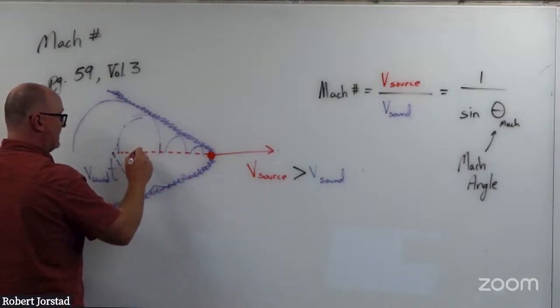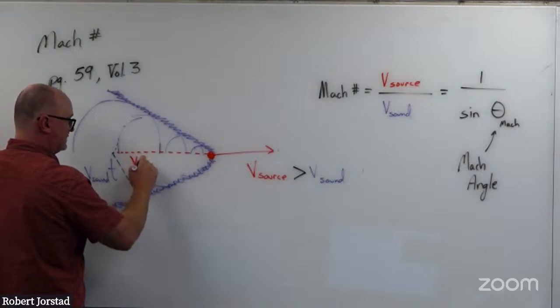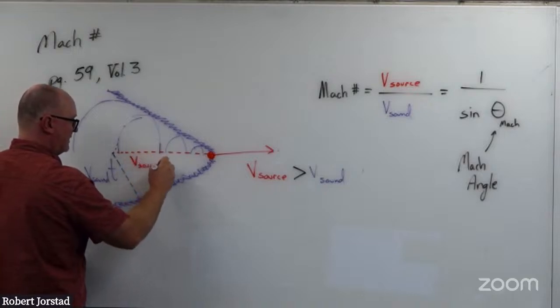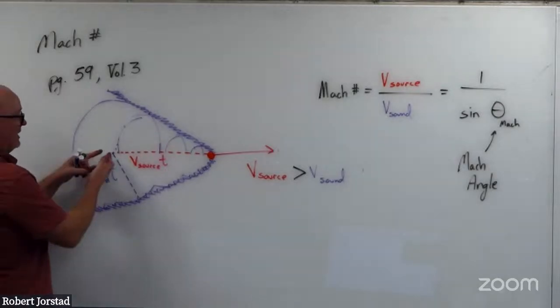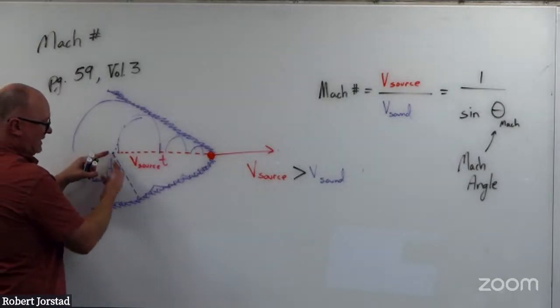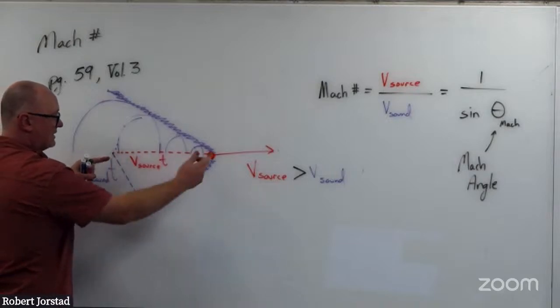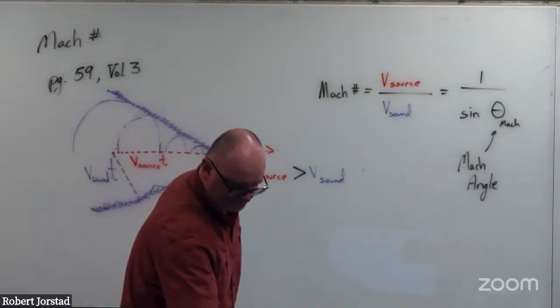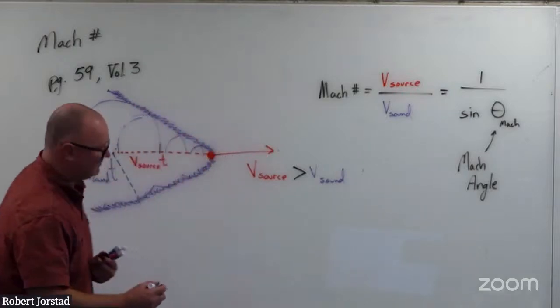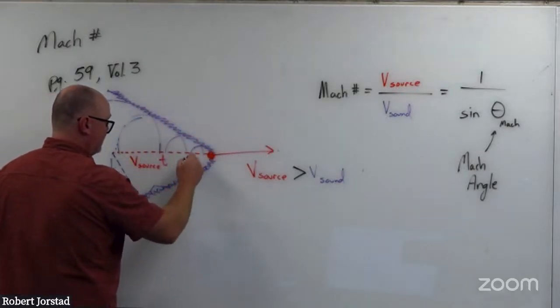So this red line here is V source times time. And it is the same time interval. The same time interval is required for the sound to go this far as for the source to go that far. And then we've got our angle in here, right here.